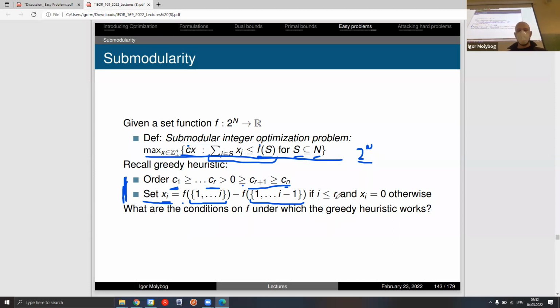You probably remember that we had a similar idea of a greedy heuristic where we were also ordering variables with respect to their marginal value.